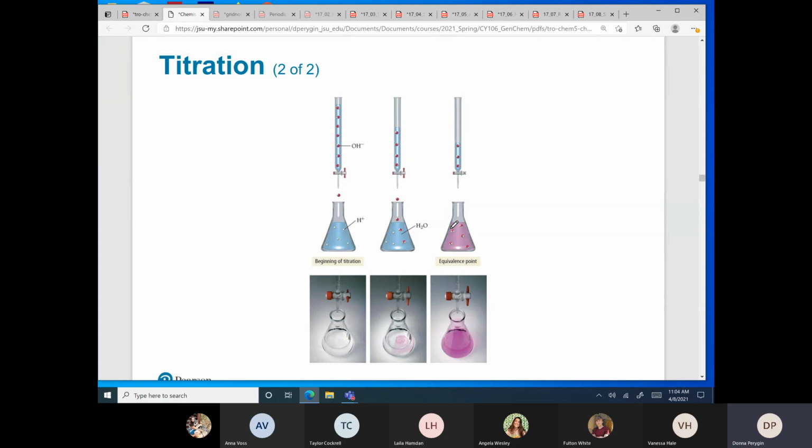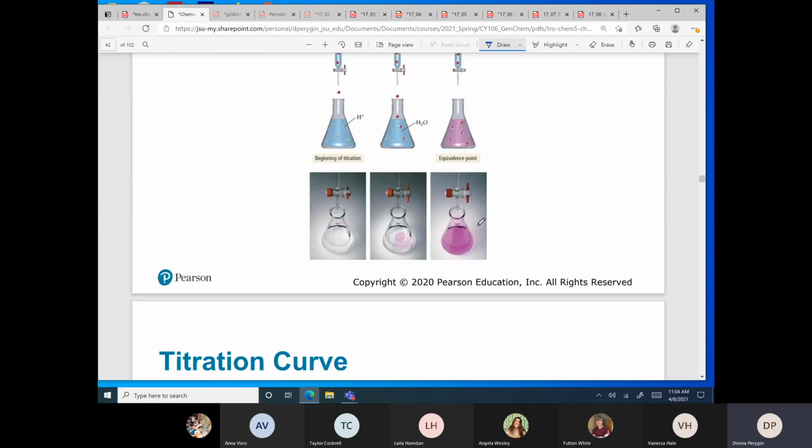And this equivalence point occurs pretty close to neutral. And then if you know the concentration of one of the solutions, you can back calculate the concentration of the other. When that titration ends, or rather when the color changes, your titration is done, and you have equivalent moles of the starting solution and the final solution.